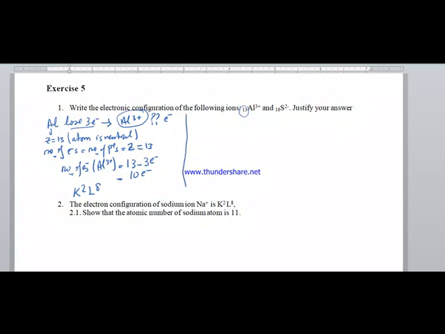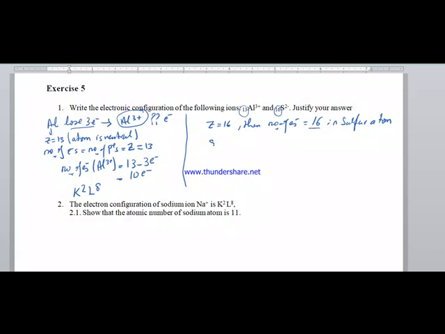For the sulfide ion, in the same way, we have an atomic number Z equal to 16. Then the number of electrons is also equal to 16. This is the sulfur atom before gaining electrons. Before it gains electrons, it has atomic number 16 and 16 electrons.